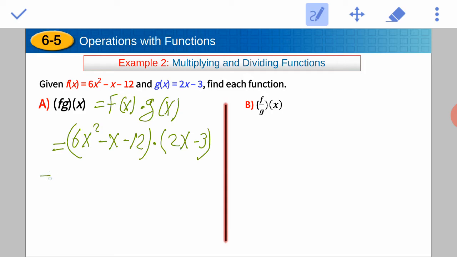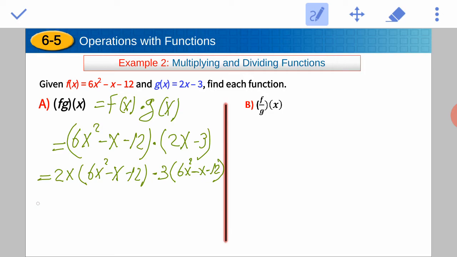You can take the term 2x and multiply it by this trinomial, 6x squared minus x minus 12, and later you take negative 3 and multiply it by the same trinomial, 6x squared minus x minus 12.